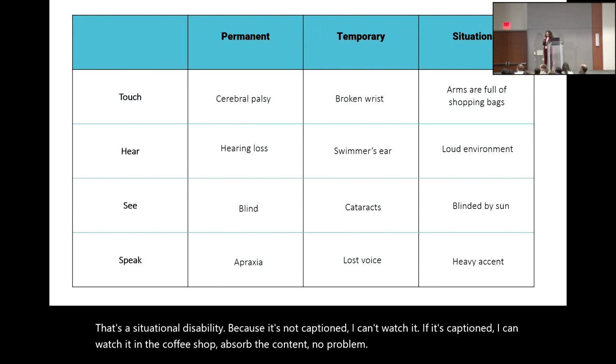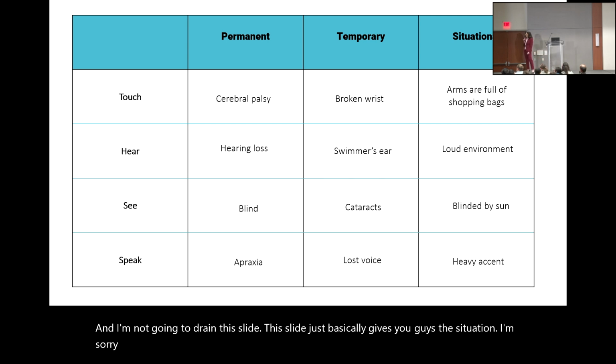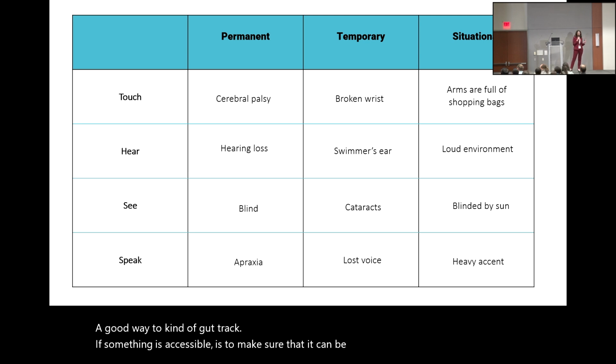And I'm not going to drain this slide. This slide just basically gives you guys the types of disabilities and the senses, because a good way to gut check if something is accessible is to make sure that it can be consumed by at least 2 senses.